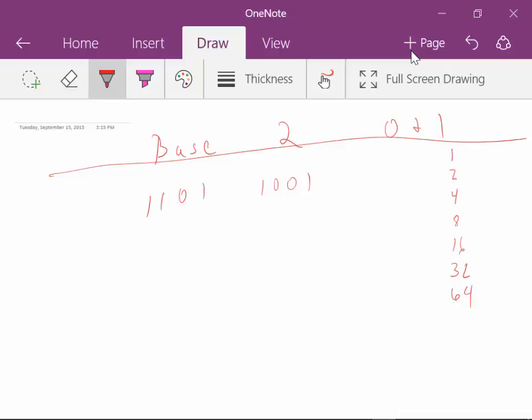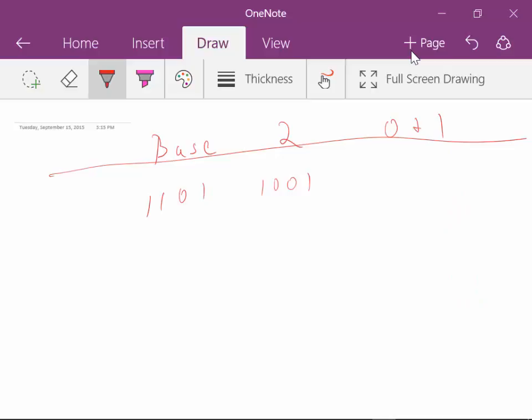That's one easy way of doing it. So we've got a 1 here, so we can circle that one. We got a 1 here, we circle that one. We don't have this one. We have this one. We have this one. Am I missing one? 1, 2, 3, 4, 5, 6, 7. I'm missing one there. Am I not? Oh, 128. I didn't go far enough.